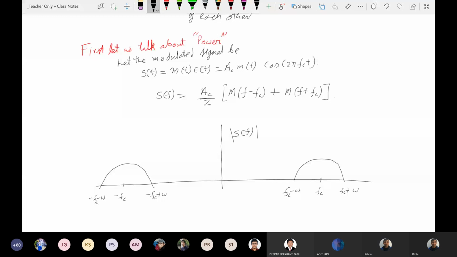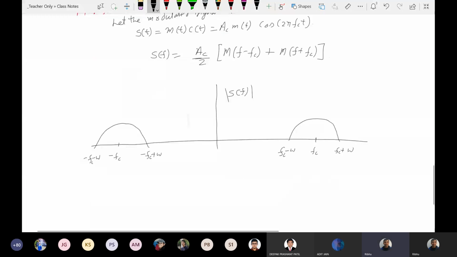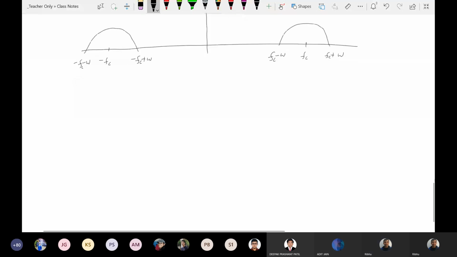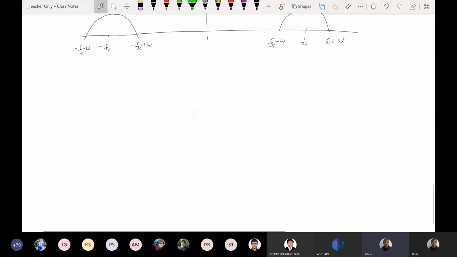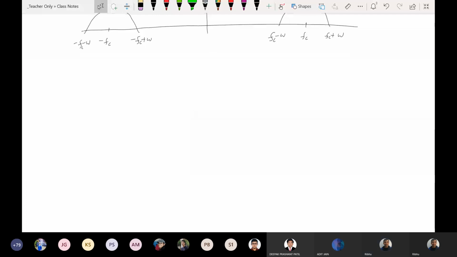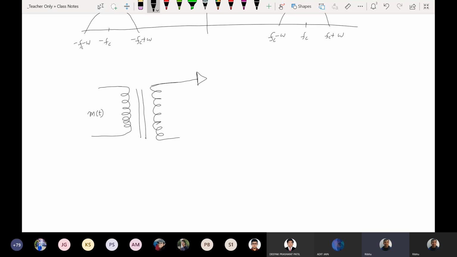Now, the question is how do we perform this multiplication? The answer is I'll draw another circuit. So let this be empty. EC people, do you know what this is?